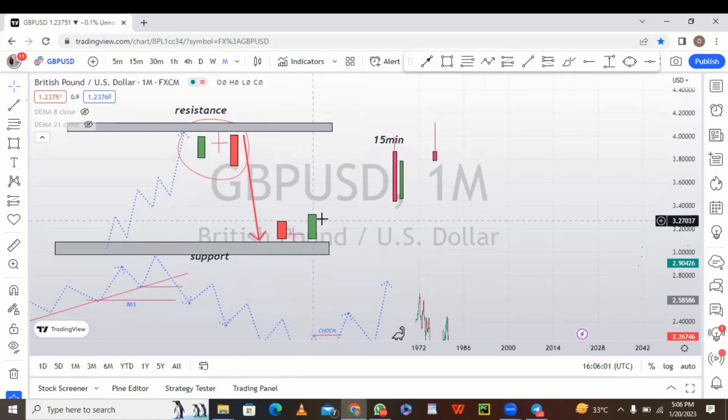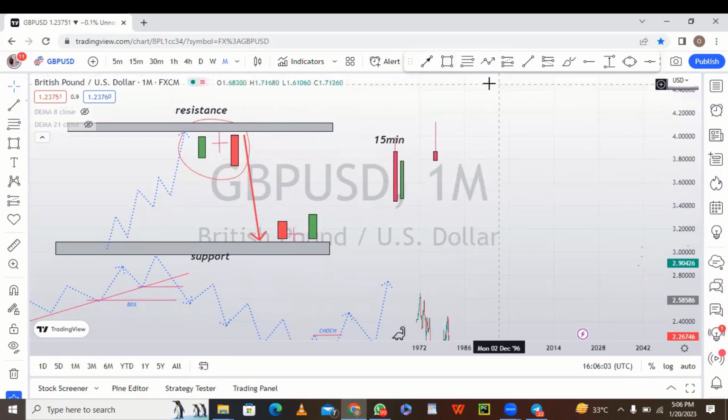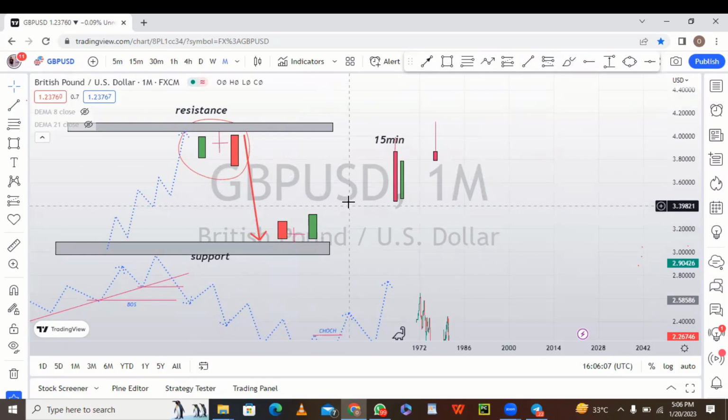So this is how a morning star looks like. I told you they consist of 3 candles, the first, the second, and the third. Just like I explained in terms of evening star, the first candle is telling us that the sellers are still in power. Okay, the bears are still in power. Now you have this doji in the middle telling us that there is an indecision at this particular level.